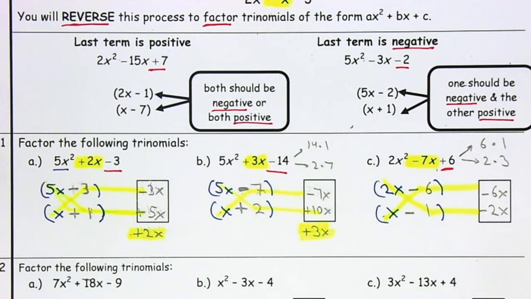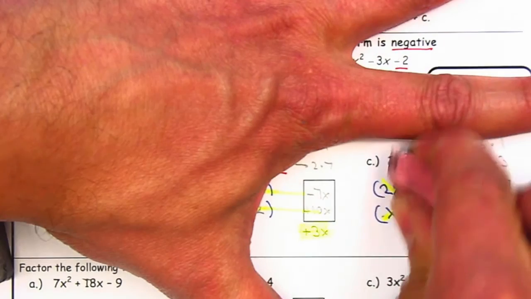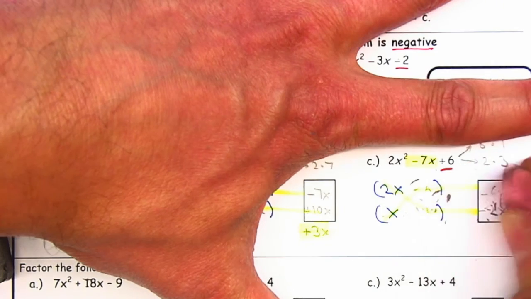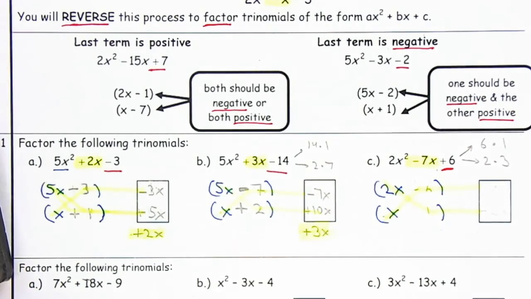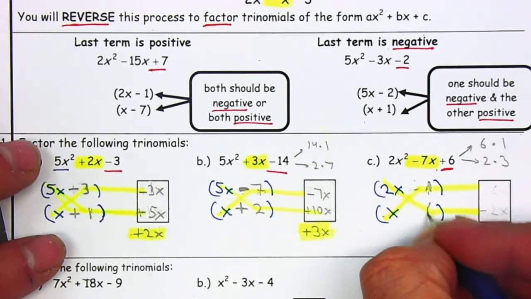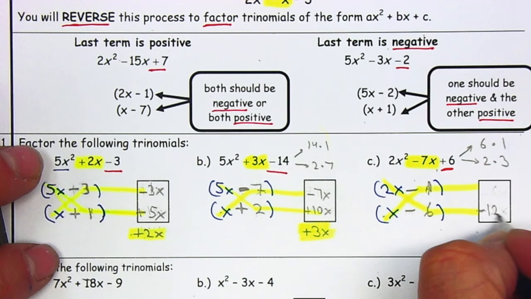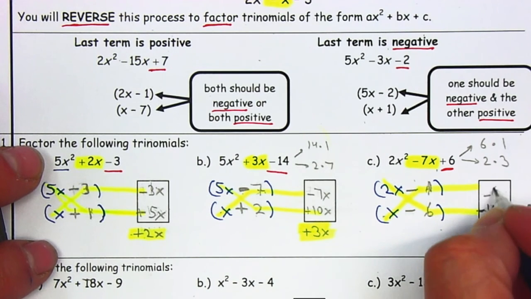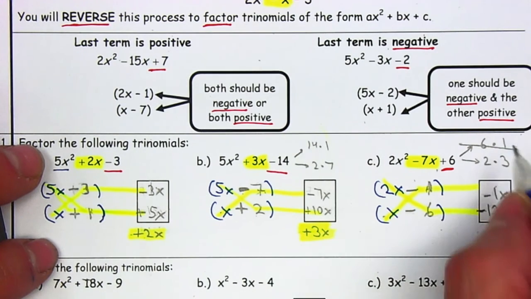Now I'm going to switch my 6 and my 1. And I place my 1 in here and my 6 here. That gives me negative 12x and negative 1x. That doesn't work. So 6 and 1 did not work.